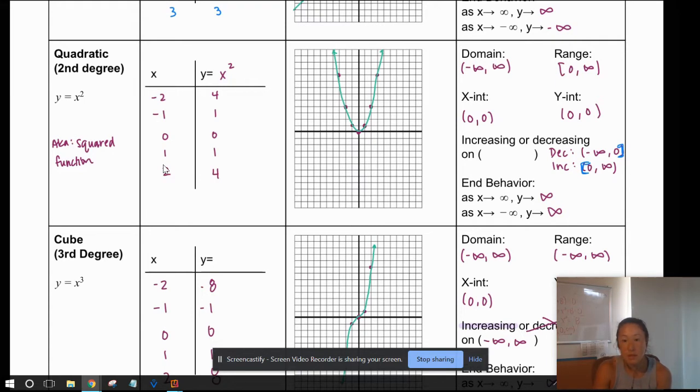So it just depends on if the endpoint is included or not. I've seen different things, okay? So again, since the graph is symmetrical, the arms, as x goes to infinity and as x goes to negative infinity, they are both going to rise towards infinity.